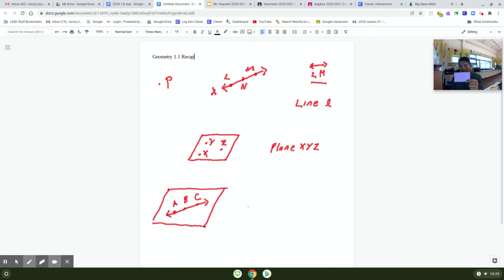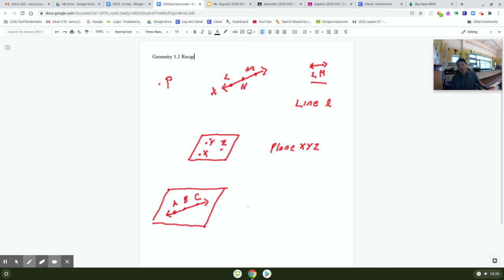I mentioned in either part 1 or part 2 of 1.1 that just because something's not drawn or physically not there doesn't mean that it doesn't exist. Because here's another plane, if I could line these up correctly, that goes through points A, B, and C. And then I could put this at any angle. There's actually an infinite number of planes, since A, B, C are collinear, that go through these 3 points.